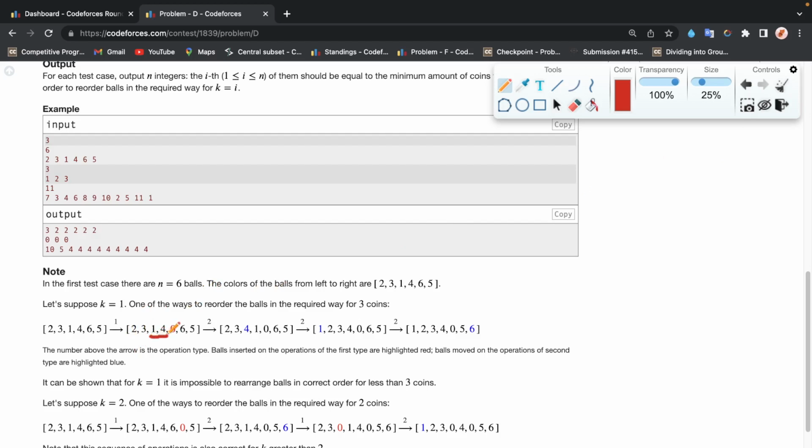So we will need to sort this 1 and 4, and as this 2 and 3 were already at their good positions, they will stay at the good positions. For this 6, this 5 is at its good position because we only need to sort this 6. If we sort this 6 and send it back here, then it will be the good position.